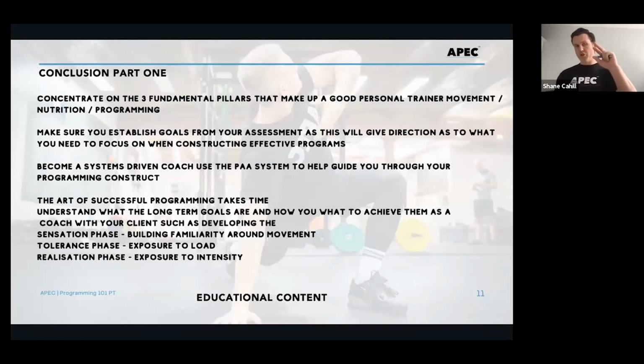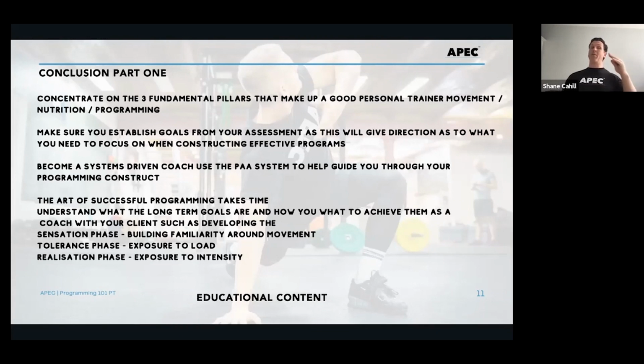So just to conclude on what I talked about over the last 5 or 6 slides, concentrate on the 3 fundamental pillars that make up a good personal trainer. Those pillars are movement, nutrition, and programming, okay? Movement, nutrition, and exercise programming.